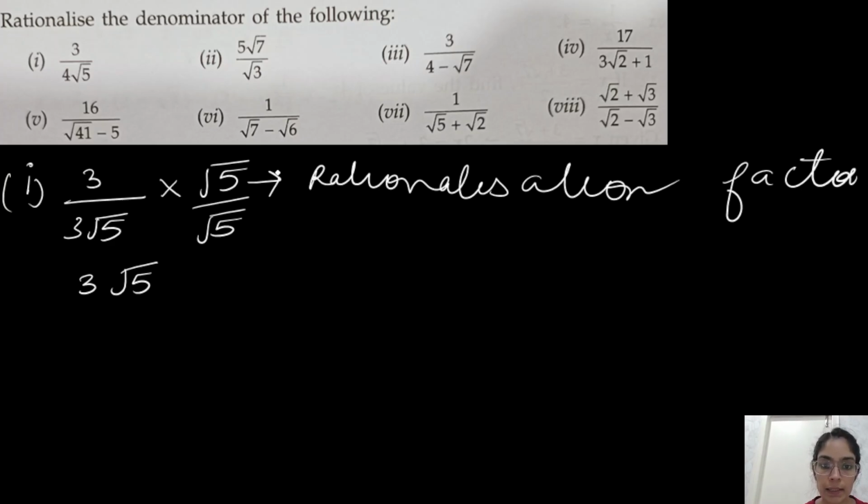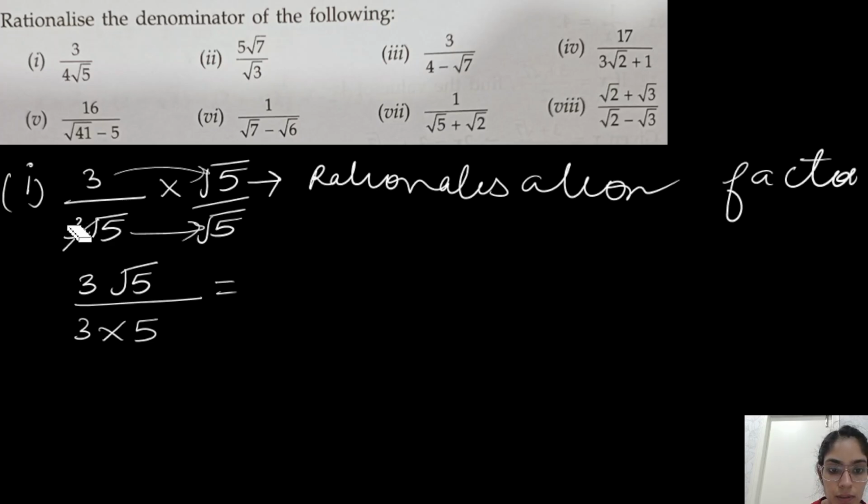These multiplications I have taught you in the previous question. Now 3√5 into √5: this is getting multiplied with this one, and the denominator is getting multiplied with this one. So 4 into √5, when we multiply with √5, the answer is 5. So the answer will be, 3 is already there, this 3, okay, here 4 was there, right?